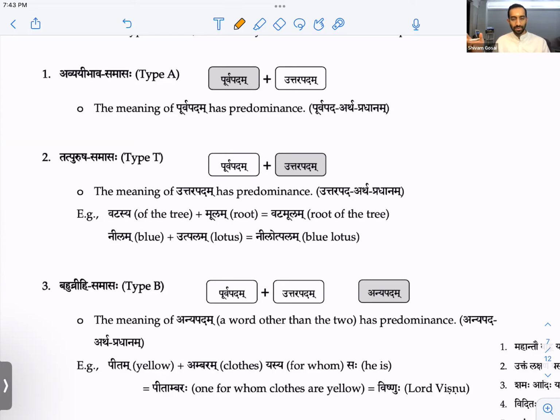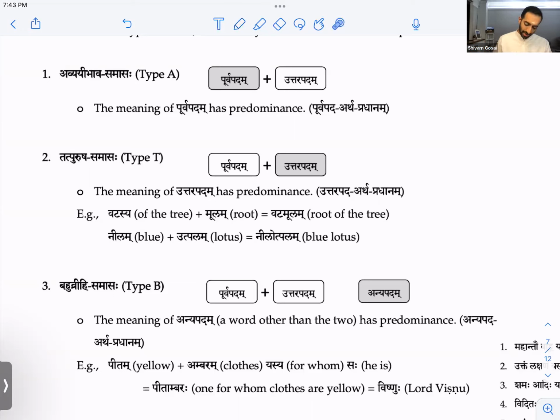Vedanam, it's in a different case other than first case. Antaha is in first case. In that way, you can know that that's also tatpurusha. But that's a shashti tatpurusha samasa. The first word is in the 6th case. So vedanam antaha iti vedantaha. That's another type.